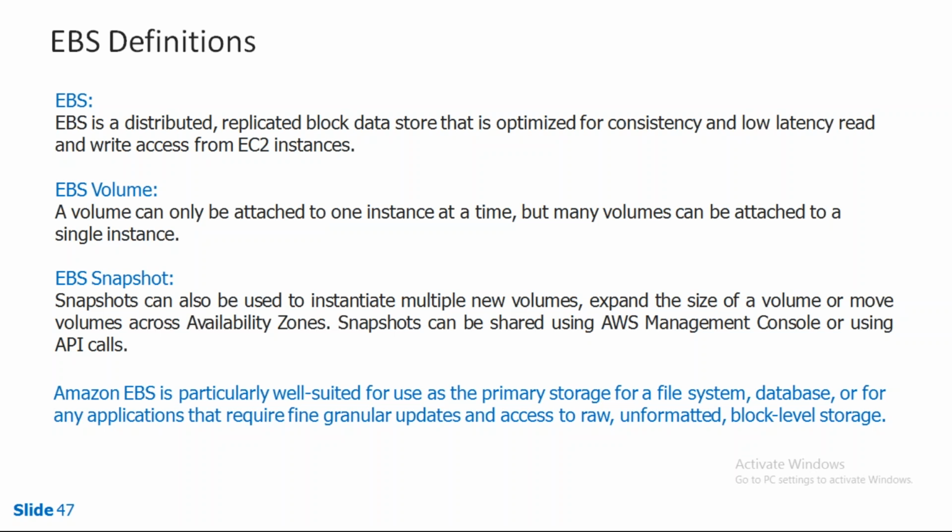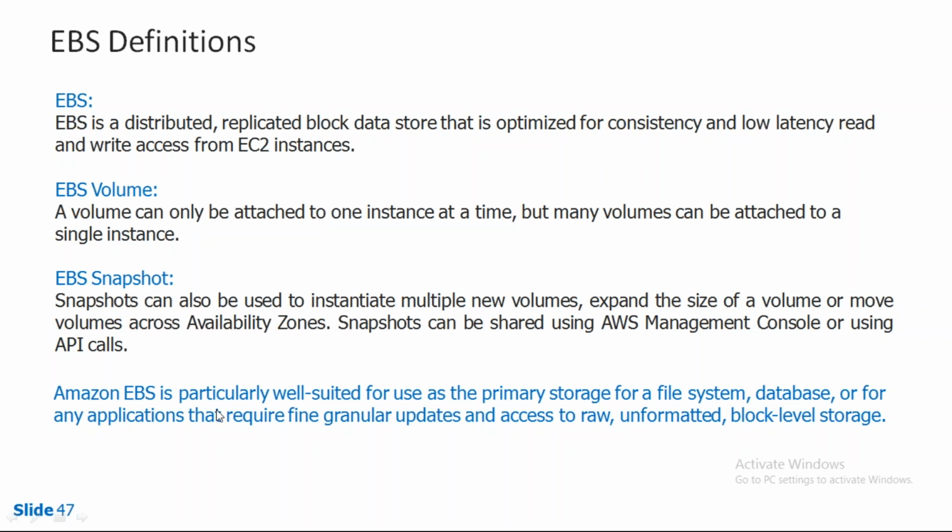When you want to access your data from one availability zone in another, you create a snapshot, and from that snapshot you create another volume in the required availability zone so that you'll be able to access it. Snapshots can also be shared using the AWS Management Console or API calls.